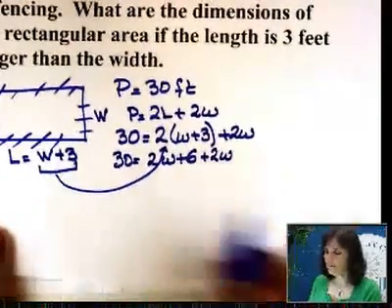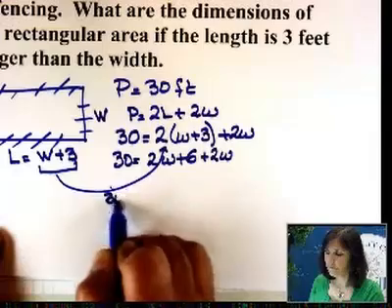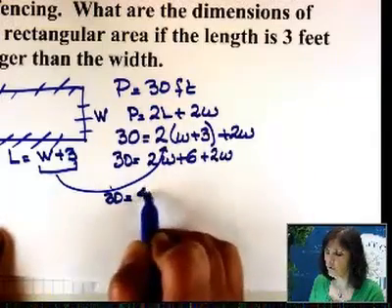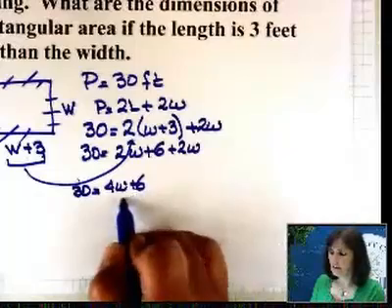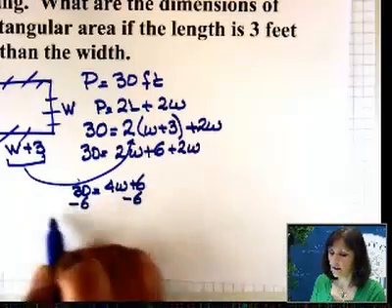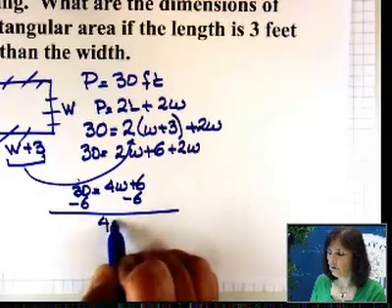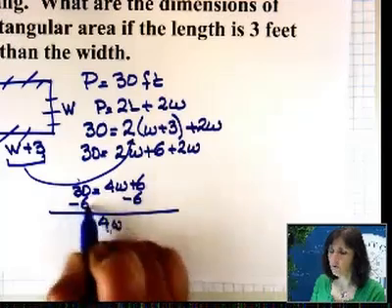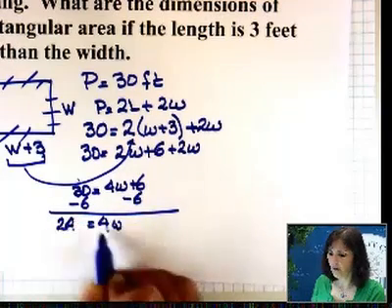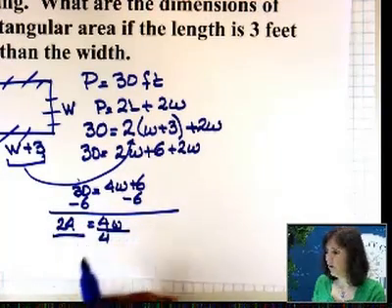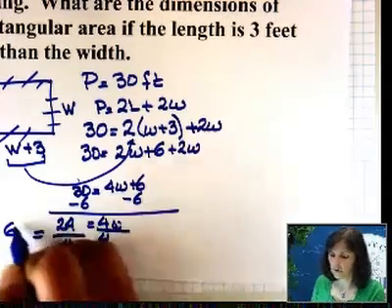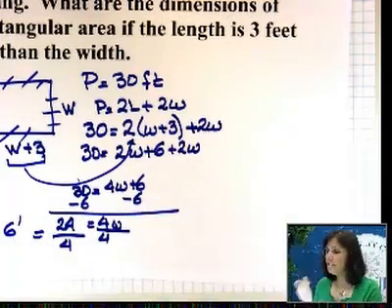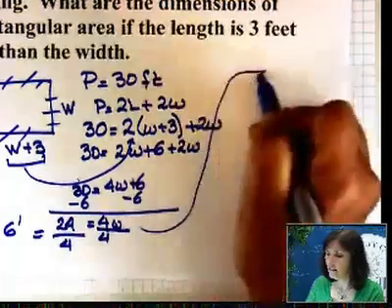One more, 30 equals 2 plus 2, that's 4W plus 6. Take away 6. I have 4W equals 30 minus 6, 24. Divide by 4. I have 6 feet. My width is 6 feet. Let's go in here.